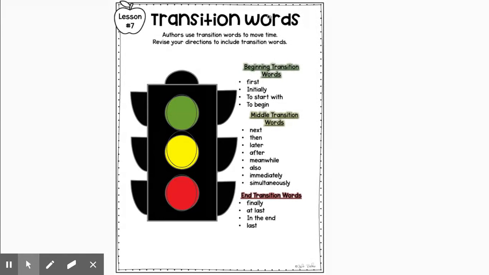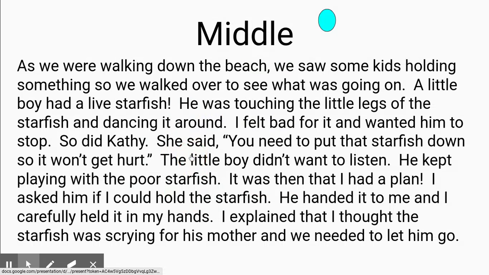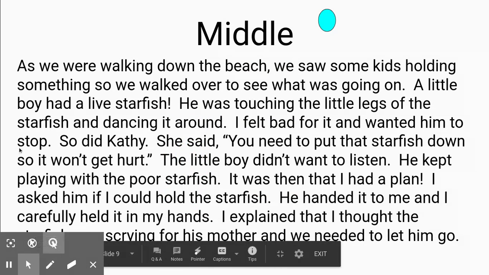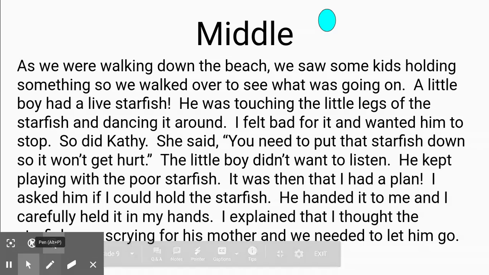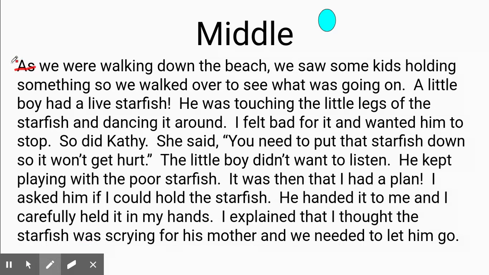So I'm going to go back to my middle section. Now remember, we had added in first right here. I'm going to continue reading and see what else I can add in as a middle transition word. A little boy had a live starfish.